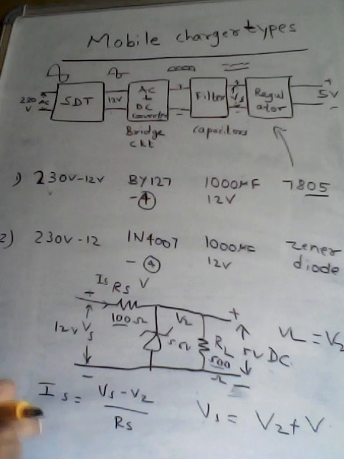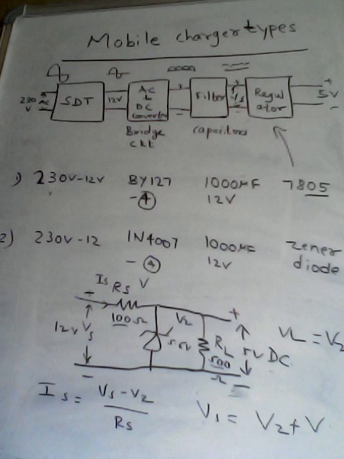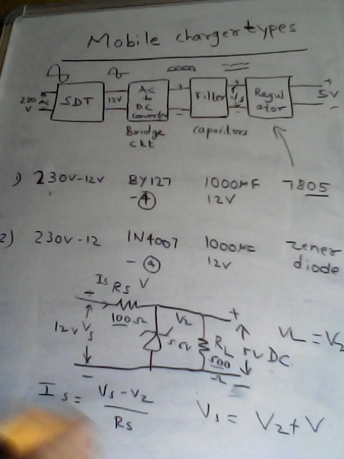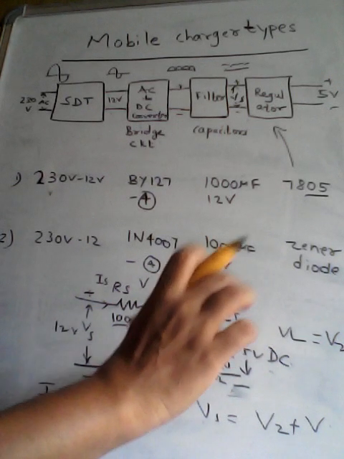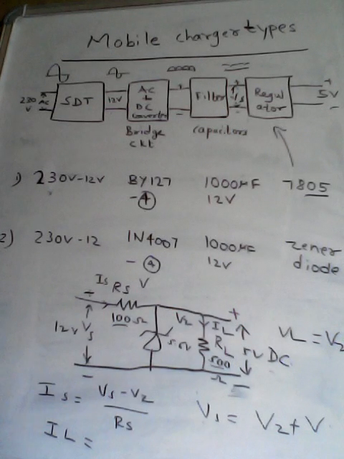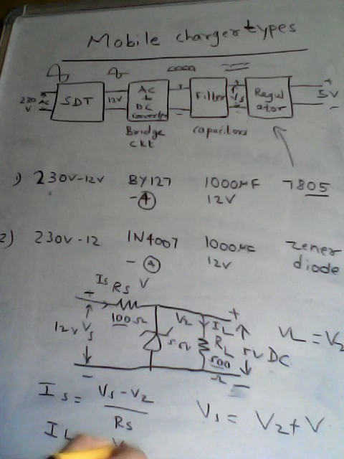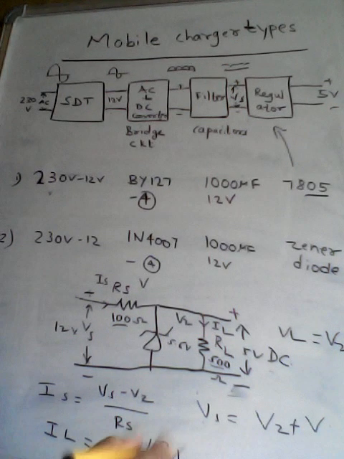So based on these equations, one more equation is given, that is IL. IL is given by this IL current, load current, that is given by Vz divided by RL.